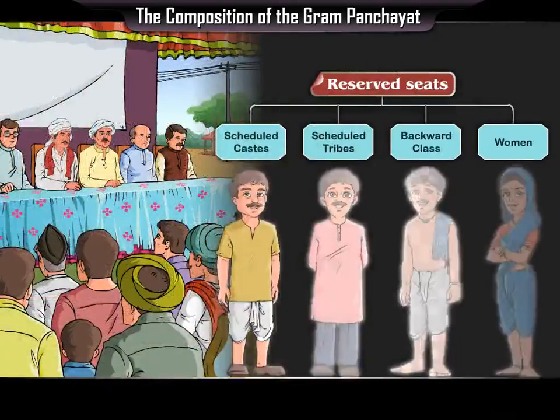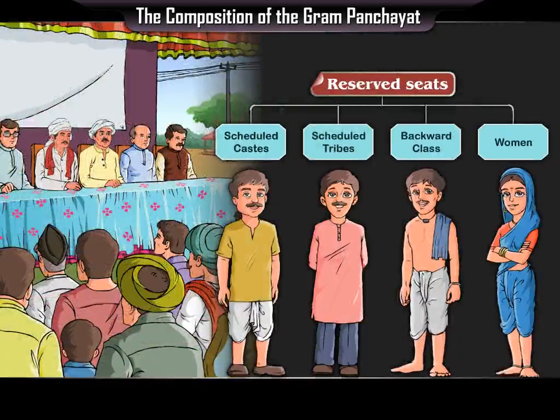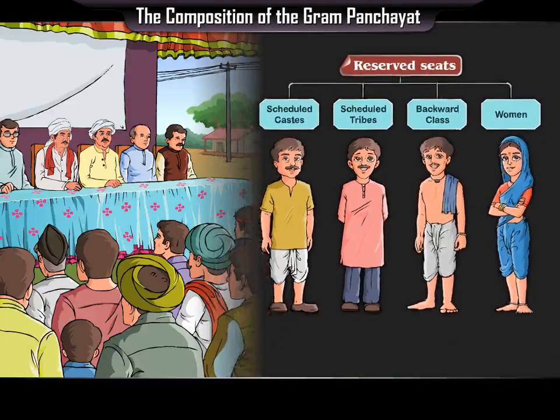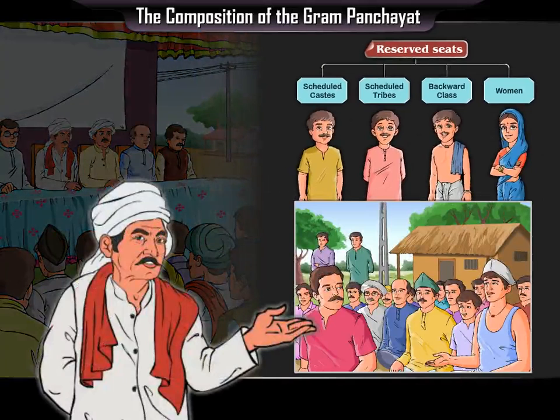Some of the seats are reserved for scheduled castes, scheduled tribes, and the backward class of citizens. Some seats are reserved for women. Reservation of seats gives an opportunity to all sections of people to participate in the administration of the village.